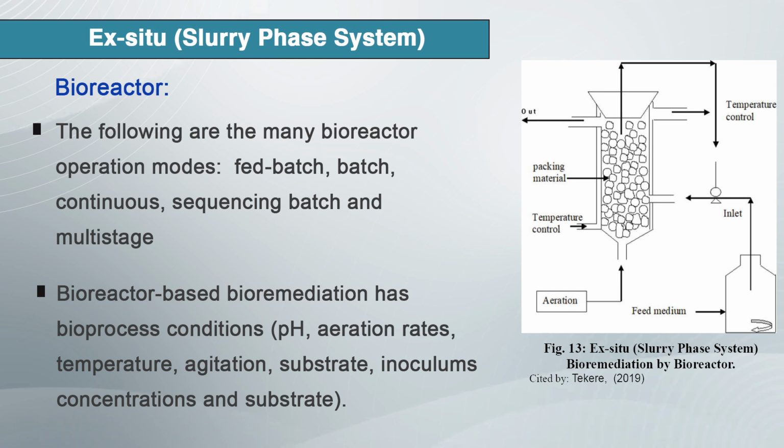Additionally, it is effective in treating soil and water contaminated by volatile organic compounds, VOCs, such as BTEX: benzene, toluene, ethylbenzene, xylene, etc. This is the bioreactor which is used for ex situ slurry phase system bioremediation.